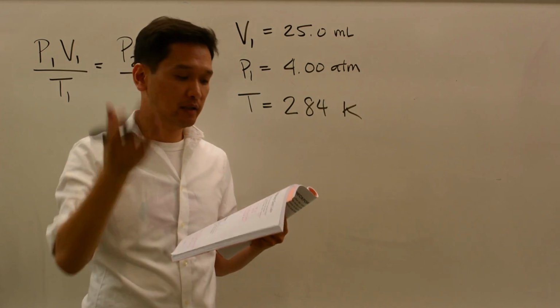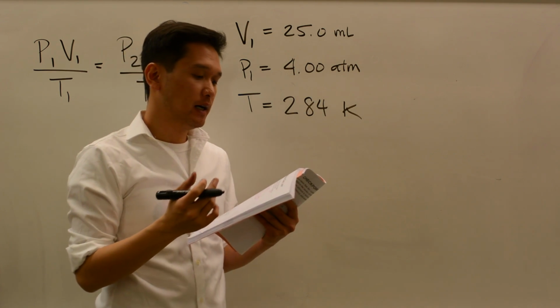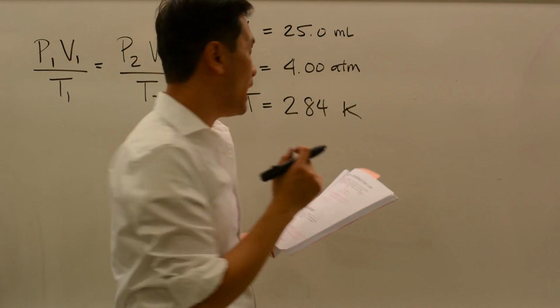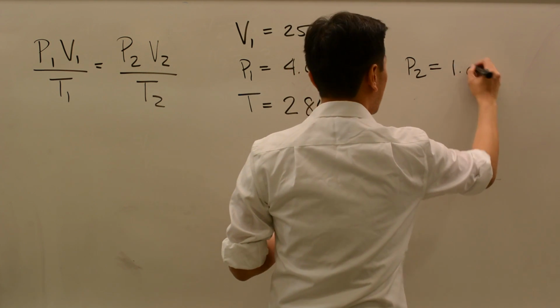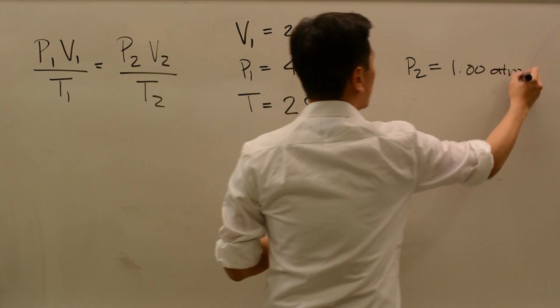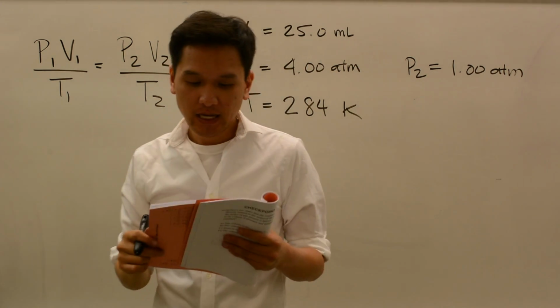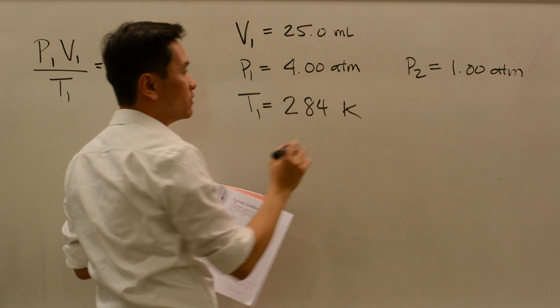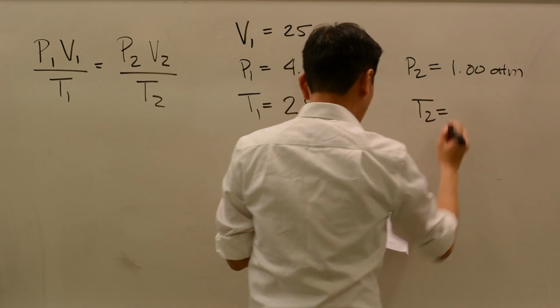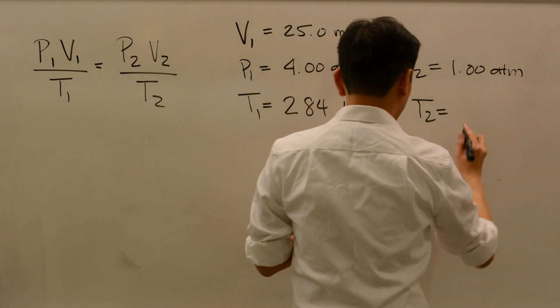Now, once it reaches the ocean surface, it becomes 1 atmosphere. So we know that P2 is 1.00 atmospheres. And it is now 18 degrees Celsius. Forgot, this is a T1 over here. So our T2 is 291 Kelvin.